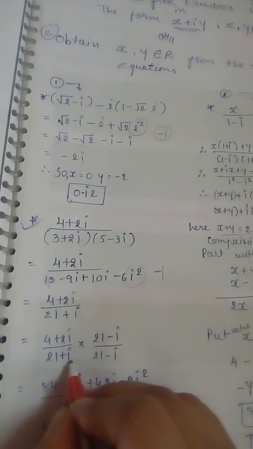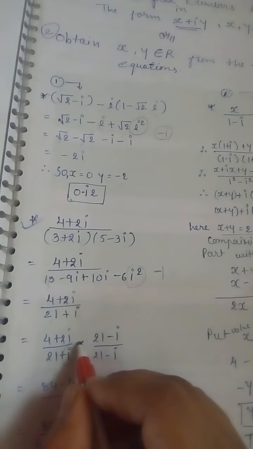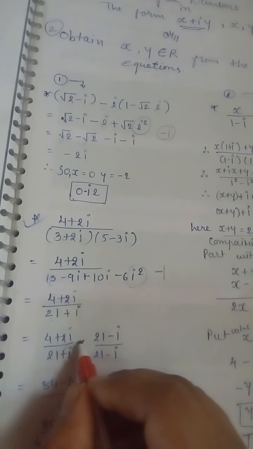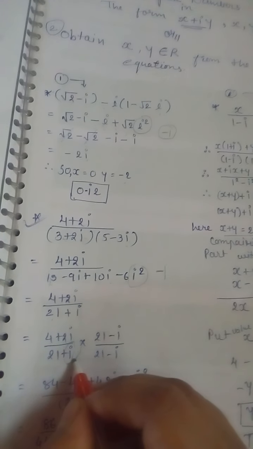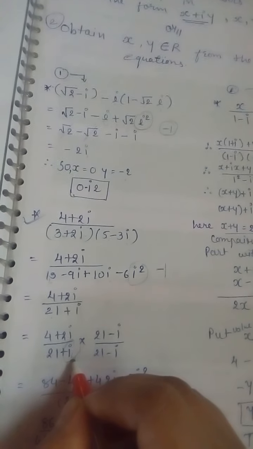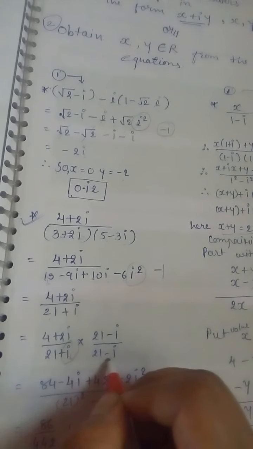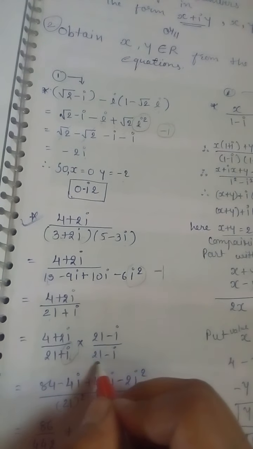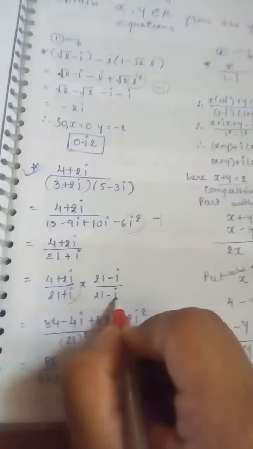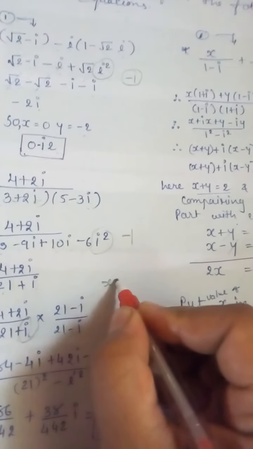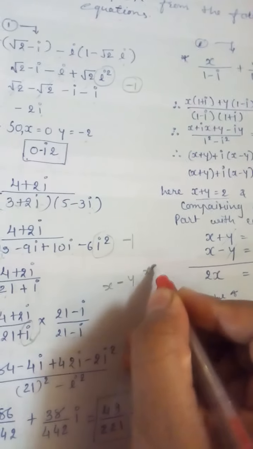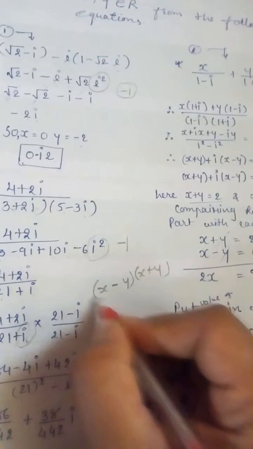Now to remove this imaginary part from the denominator, as we understood earlier in the division part, whenever there is an imaginary part present in the denominator, we need to remove it. So how will we remove it? By multiplying and dividing by the conjugate of the denominator, which is 21 minus i. Multiplication of two such numbers, x minus y and x plus y, gives x square minus y square in the denominator.